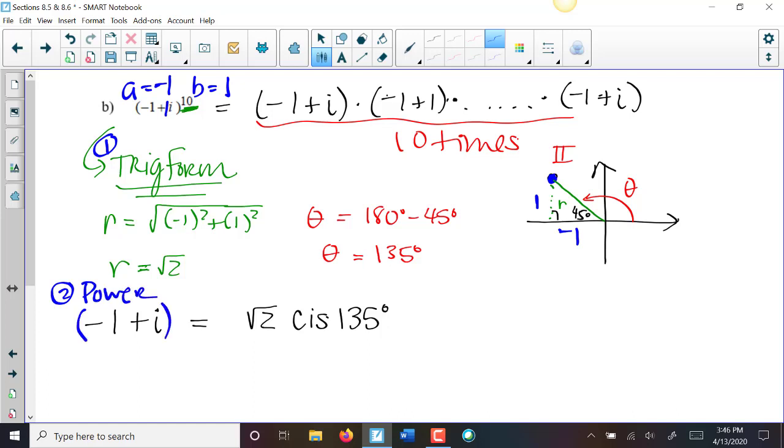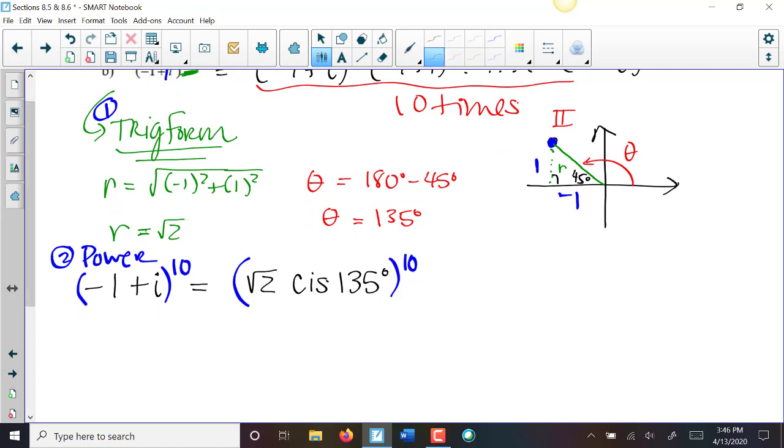So if I wanted to raise this to the 10th power, I now want to raise this to the 10th power. So I'm going to take the square root of 2 and raise it to the 10th power. And then I'm going to take my angle 135 and multiply it by 10.